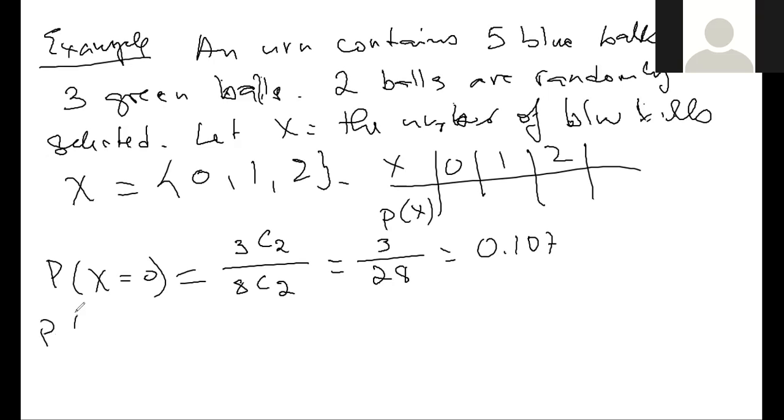So then we will do P of X equals 1. 1 will be choosing 1 blue ball out of 5, and 1 out of 3 green.